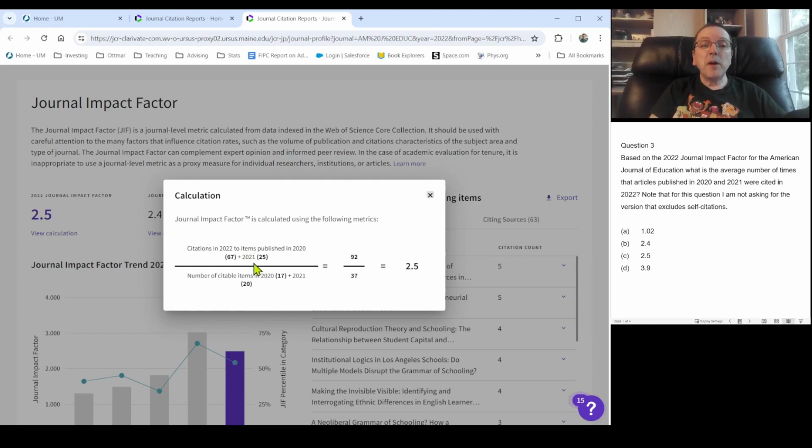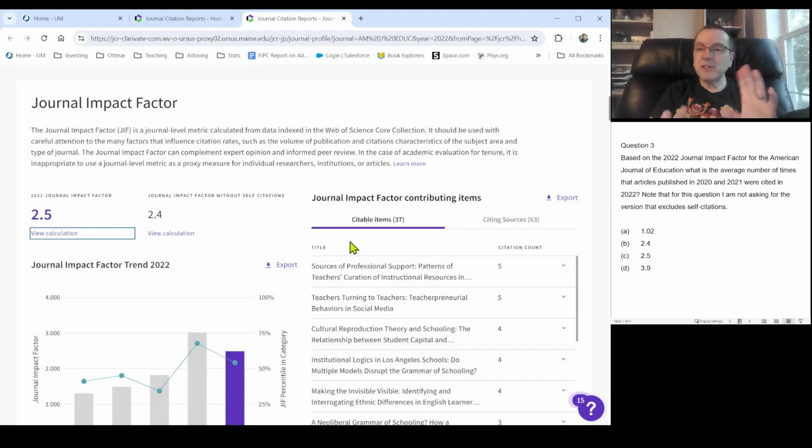And the articles that were published in 2021 were cited a total of 25 times in 2022, right? So the 2020 articles were cited 67 times in 2022, the 2021 articles were cited 25 times, which gives us the 92 total times those articles were cited. So again, 2.5. Every article on average is being cited by someone 2.5 times. So that's how that works.